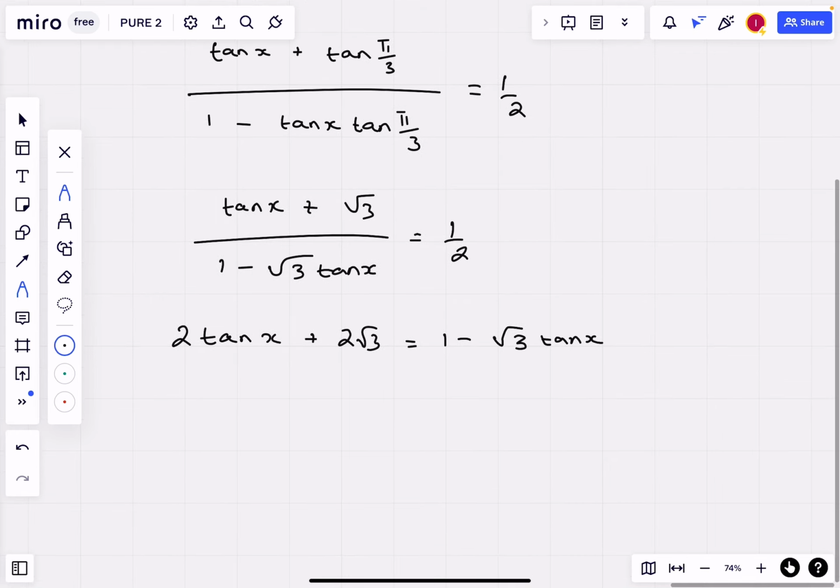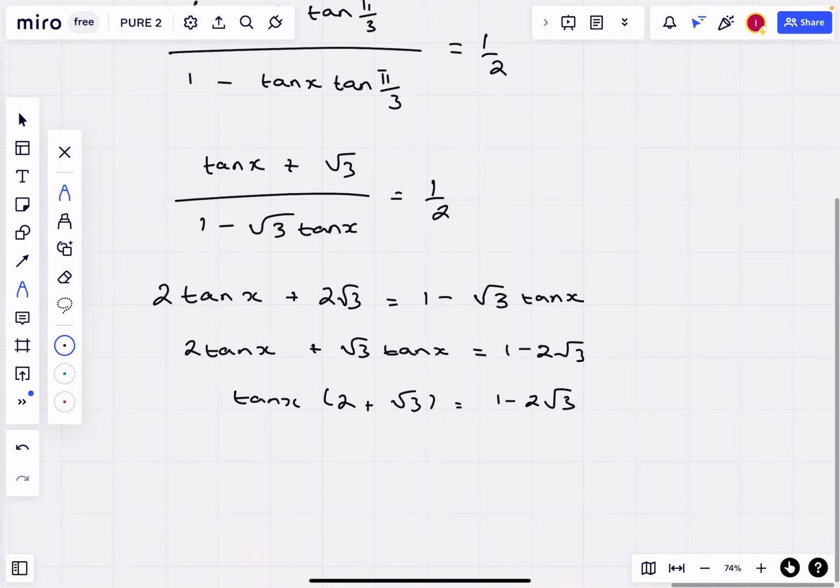Okay? Grouping all the tan x's together will give this, 1 minus 2 root 3. Factorize out tan x, like that.